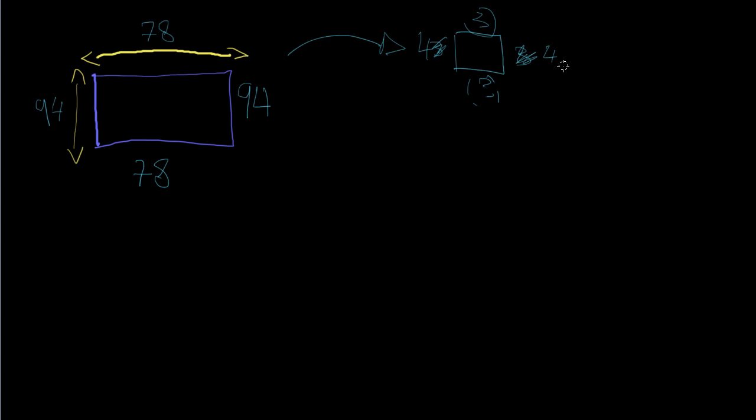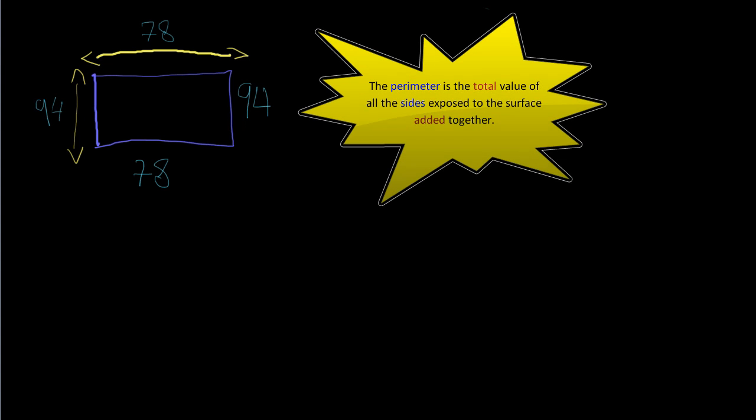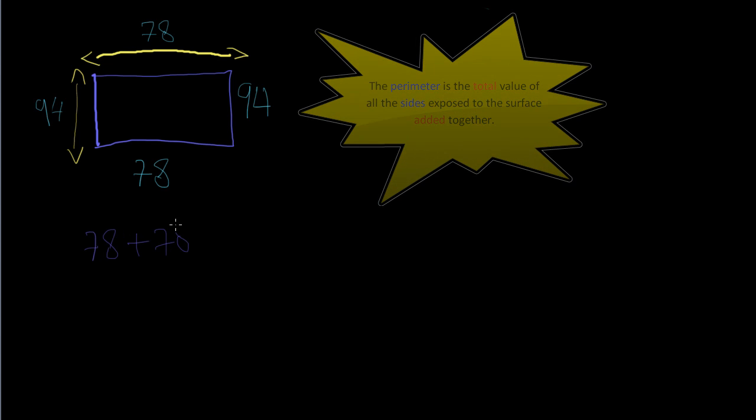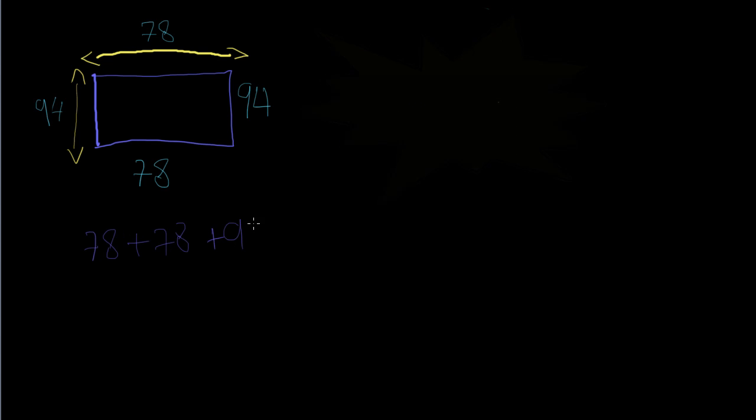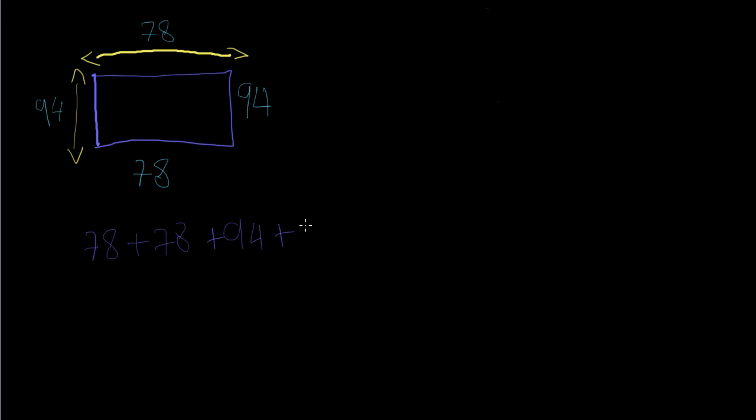Right. Now, with this new information, we need to break down what the perimeter actually means. To get the perimeter, you add up the value of all the sides. In this case, that would be 78 plus 78 plus 94 plus 94. And that would give you your perimeter.